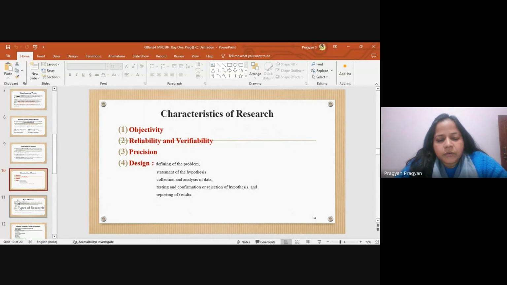Now let's try to understand what is the whole procedure of this scientific investigation in general, and in case of rural development in particular. First of all, we try to define the problem. Again, problem doesn't mean a problem in our practical life.